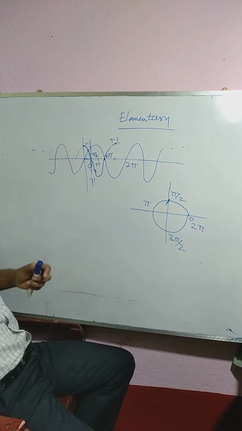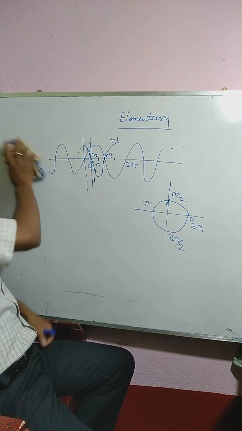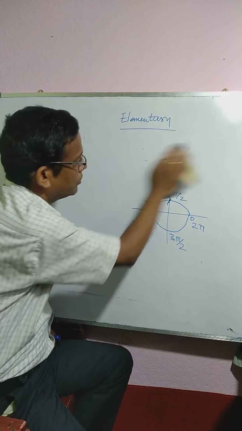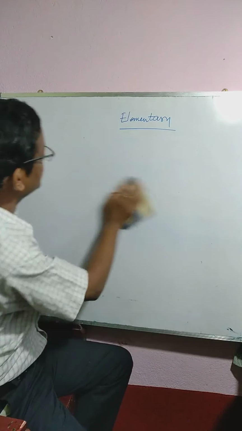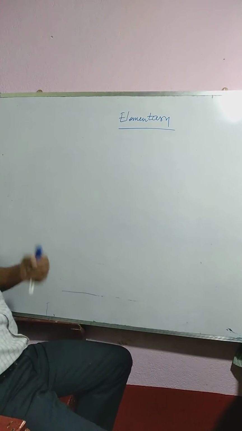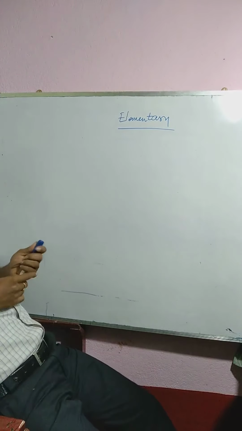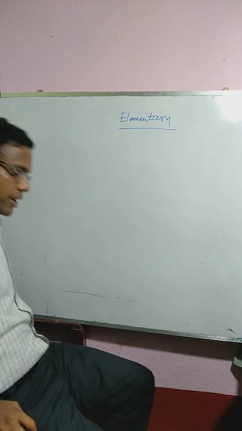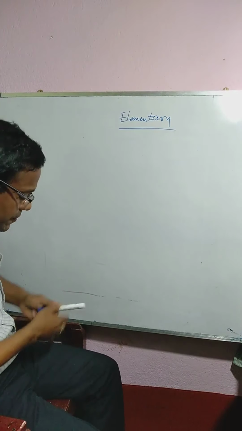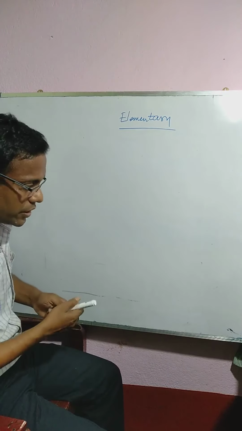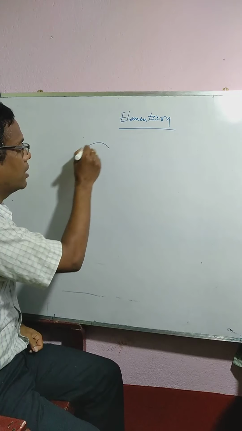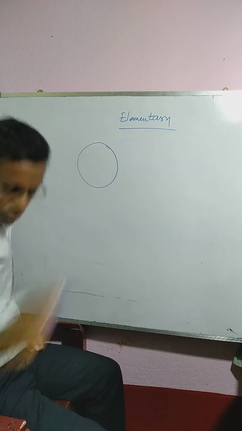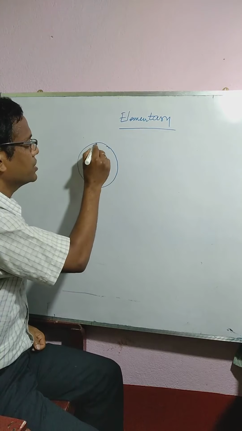Then come the exponential signals. These sine and cosine waves can also be represented by exponential signals. Let's first understand the exponential signal and how it is represented.